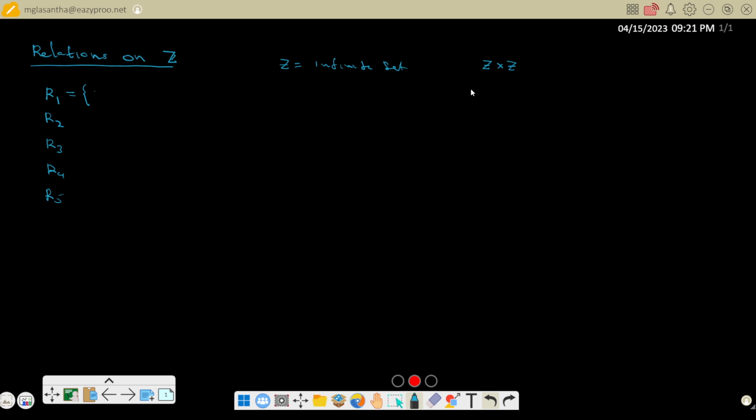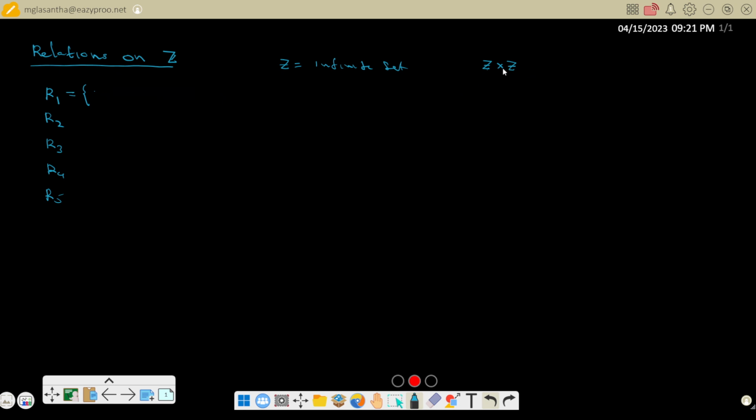Remember in the previous example, A has 6 elements, then A cross A has 36 elements, 36 members. But Z is an infinite set, so Z cross Z is infinite, right? So how do you list out all the elements? You can never list them all.